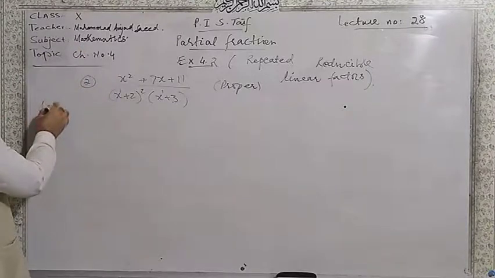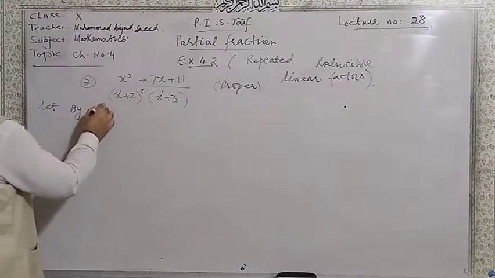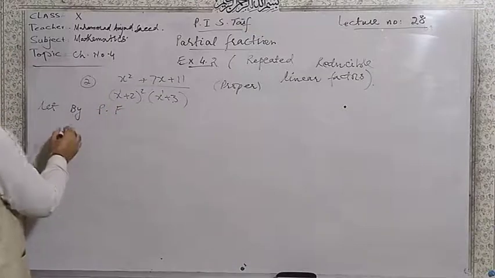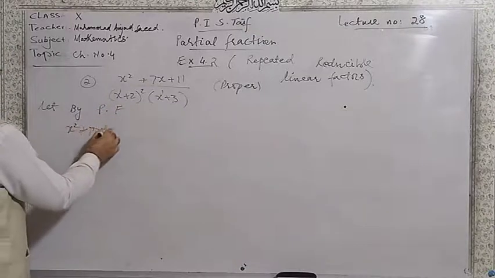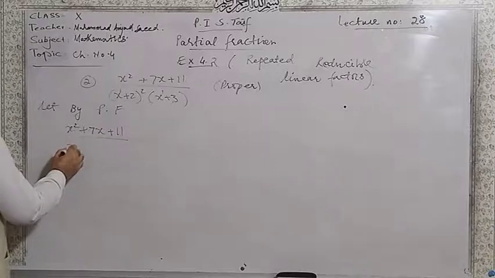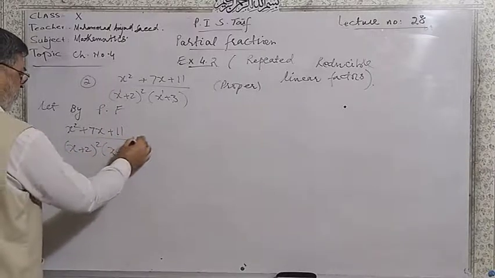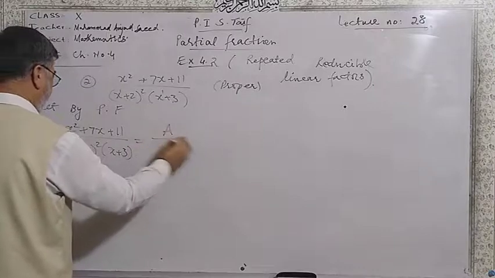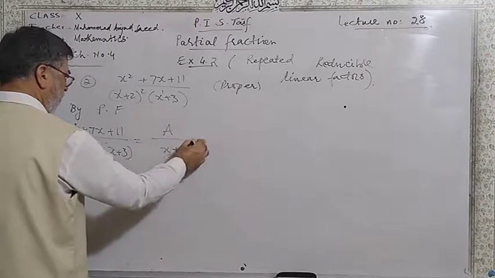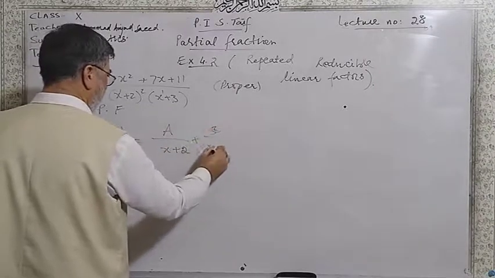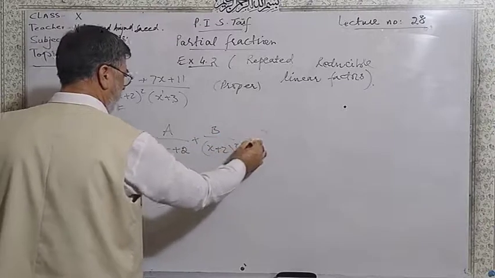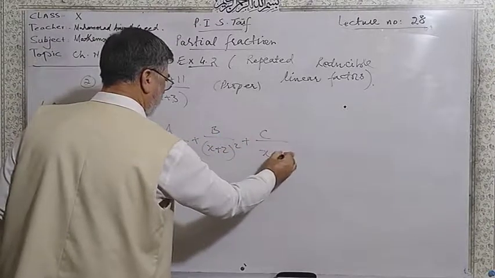Here, let by partial fraction, x square plus 7x plus 11 over x plus 2 square into x plus 3 will be a over x plus 2 plus b over x plus 2 square plus c over x plus 3.